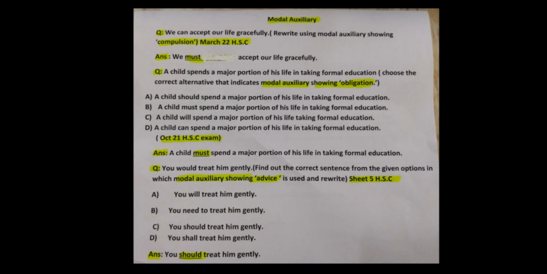And we know that for obligation, there are only 2 modal auxiliaries. One is must and another is ought to. So let us see which one is having must or ought to. It is the B answer which is having must as the modal auxiliary. And hence, our choice is a child must spend a major portion of his life in taking formal education from B answer.